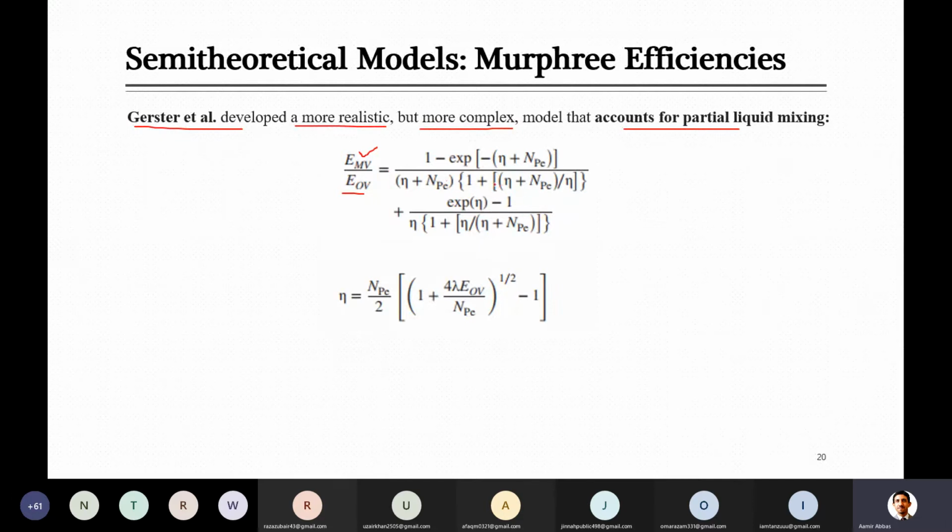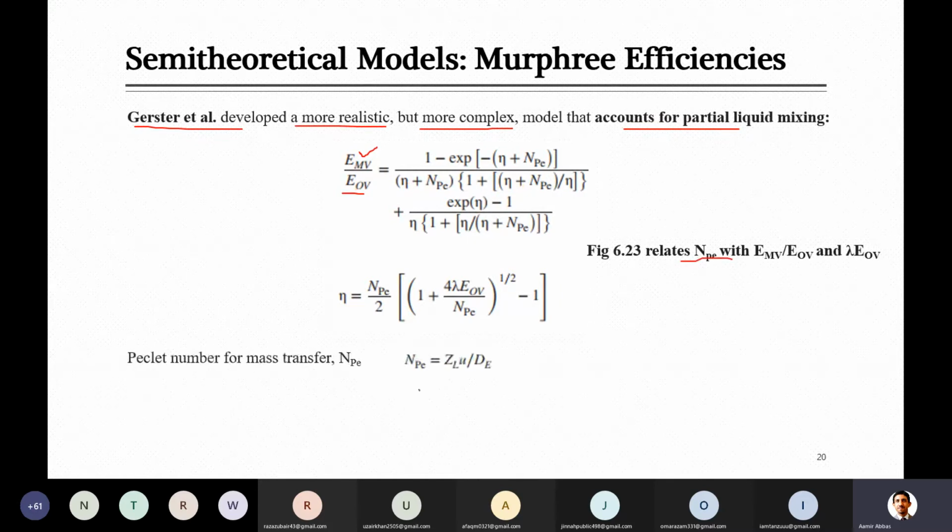That is linked with this equation, in which he linked EMV over EOV with the Peclet number NPe. The Peclet number, you know, is the ratio of convective mass transfer to diffusive mass transfer.